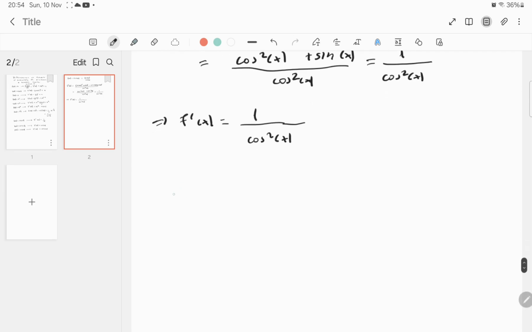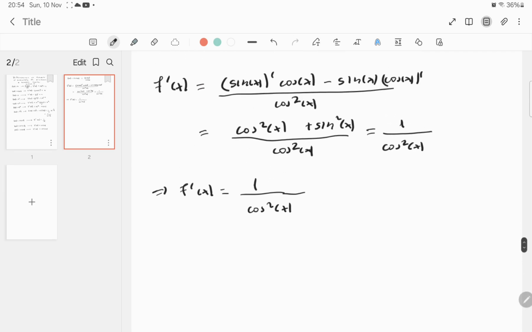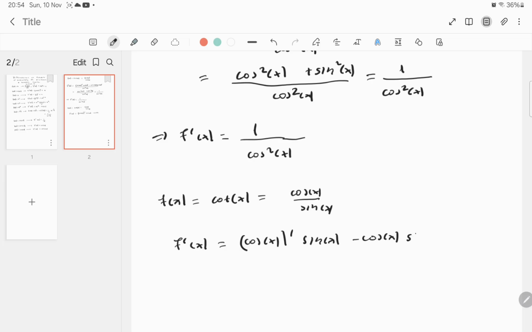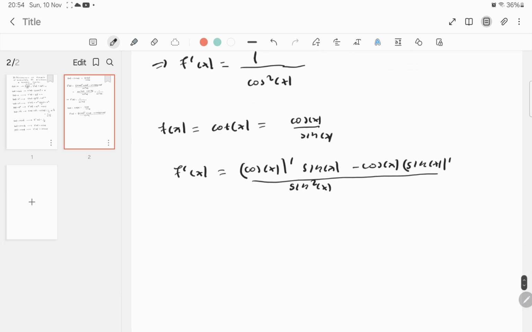You have the derivative of the cotangent, which equals cos x over sine x. Let's calculate the derivative: cos x prime times sine x minus cos x times sine x prime, divided by sine squared of x.